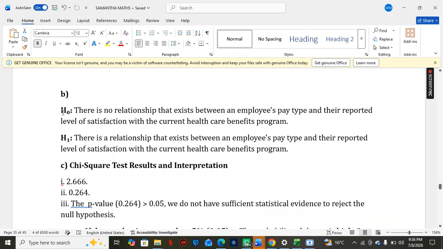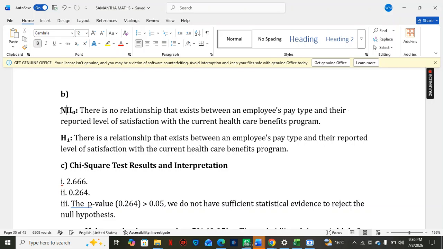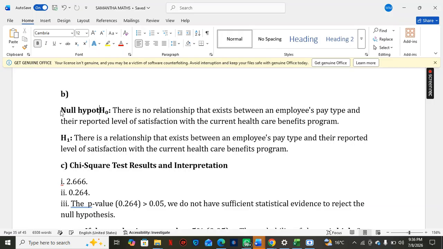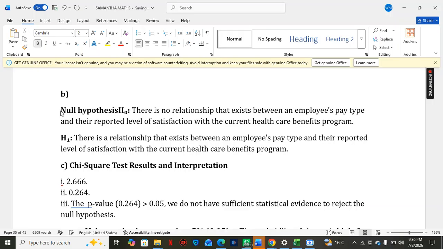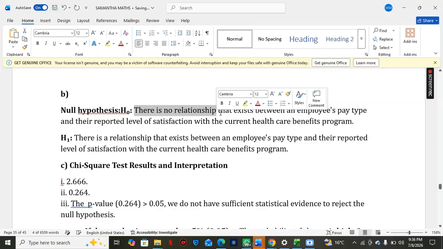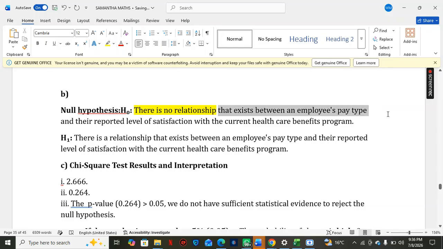This one, H0, is the null hypothesis. The null hypothesis says there is no relationship. So basically saying there's no relationship that exists between an employee's pay type and the reported level of satisfaction. So always remember, for the null hypothesis, you're always going to assume there is no relationship.